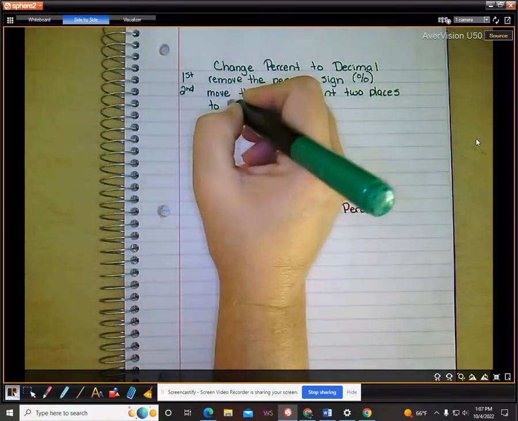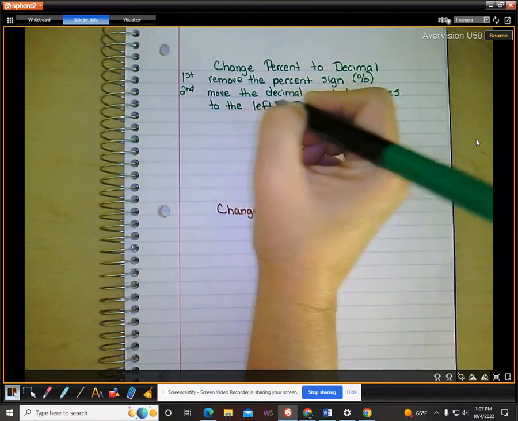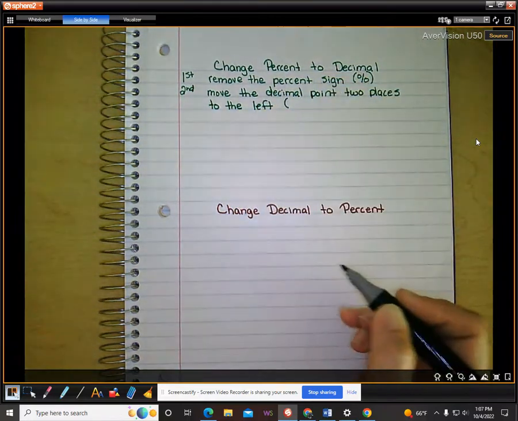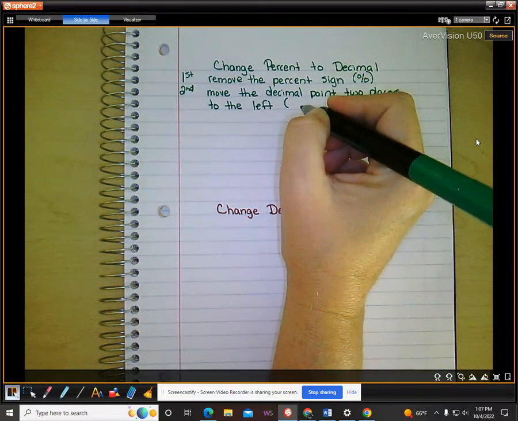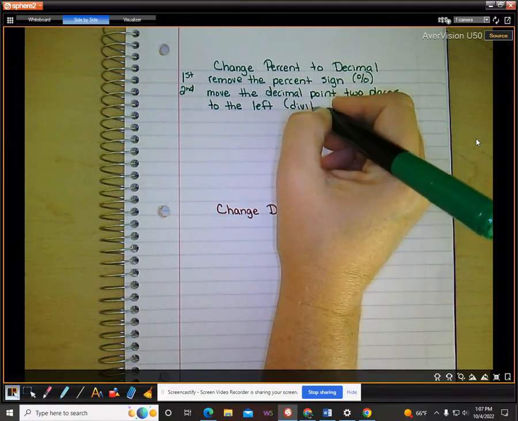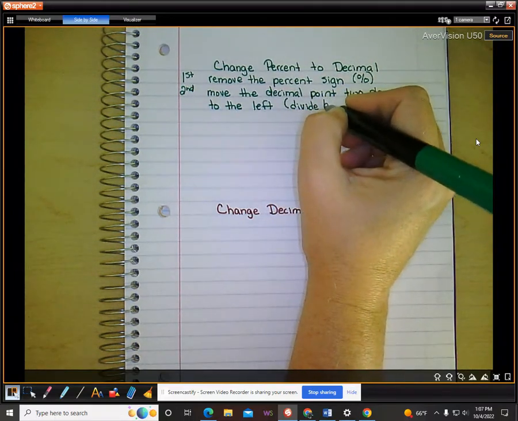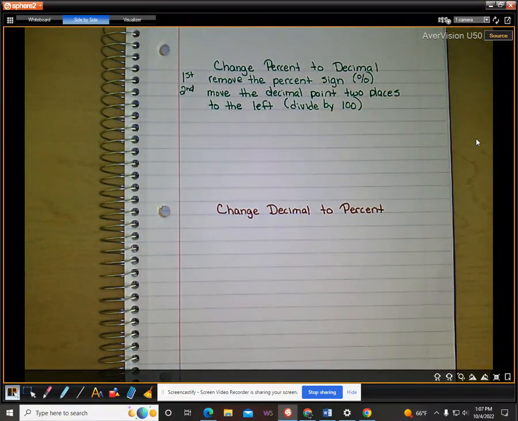Now, if you really like to make it a little bit harder on yourself and like to do computation, moving a decimal point to the left 2 places is the same as dividing by 100. But you don't have to divide. You can simply just move the decimal point 2 places to the left. Aubrey?